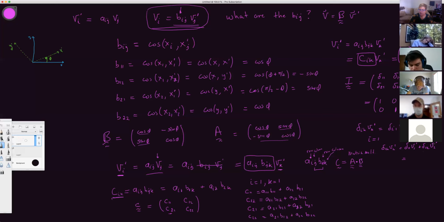But this term is gone, because anytime the indices on that delta are not the same, you get 0. This one is 1, so I just get V1 prime. So it picks out whatever i is and makes k equal to that. You can basically think of it as switching all k's to i's, and it disappears. So this would basically be V prime i. V prime i is equal to V prime i, and all's well with the world.